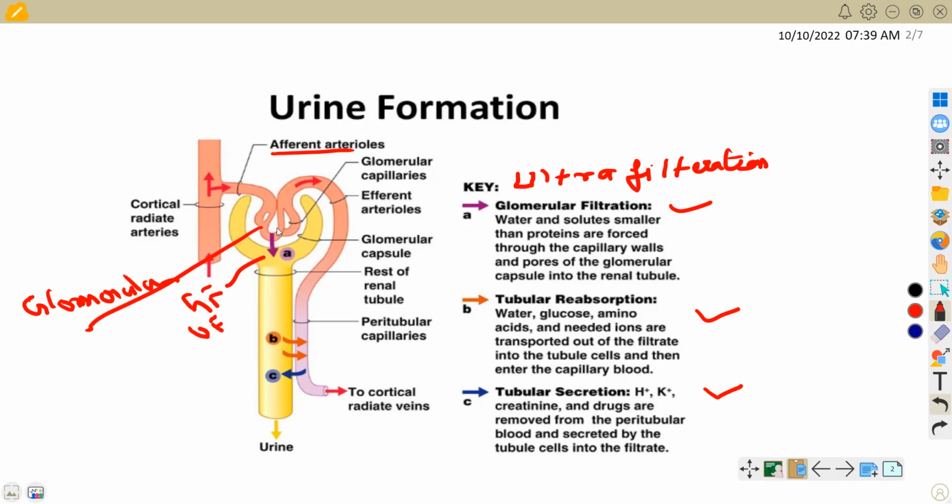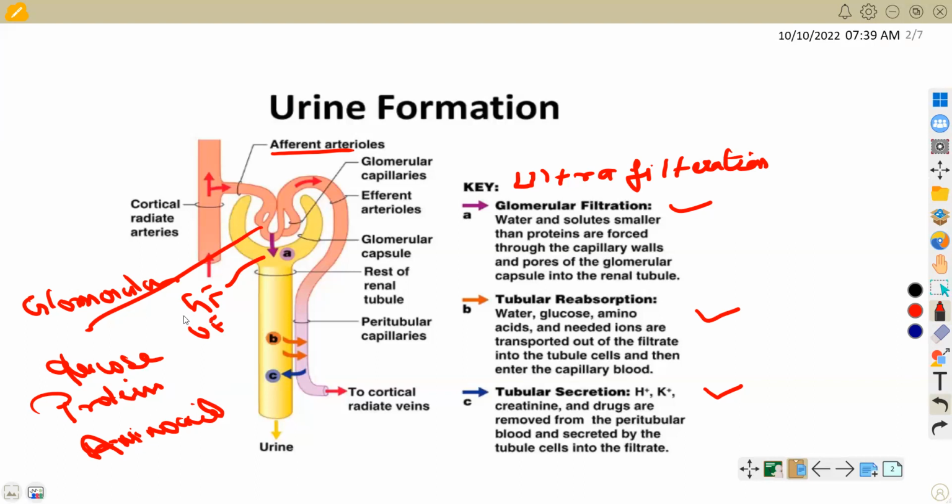So here in the glomerular filtrate, there is protein, which is an important substance, and amino acid, which is of course the smaller form of protein. So amino acid, protein, and glucose, the smallest form of carbohydrate, are the important substances which need not be eliminated out of the body.